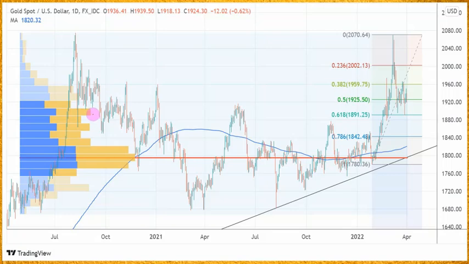So for us to get to this 1840 level, we still have to chomp through quite a bit of resistance on the downside there. The other thing is that we did get quite a sharp rejection off that around 1900 level, which is quite positive. There's a long lower wick.